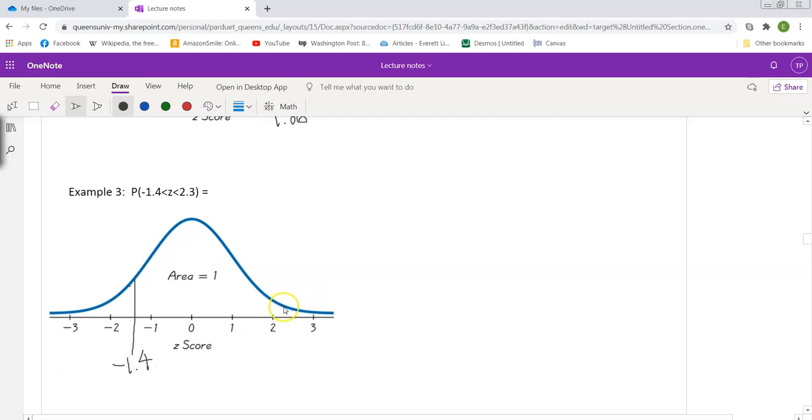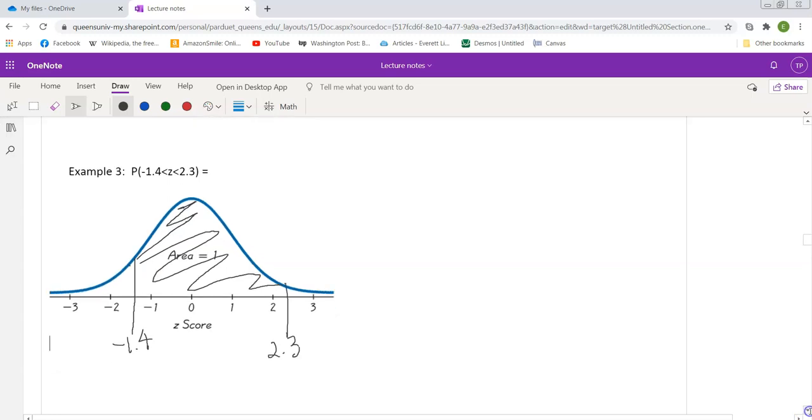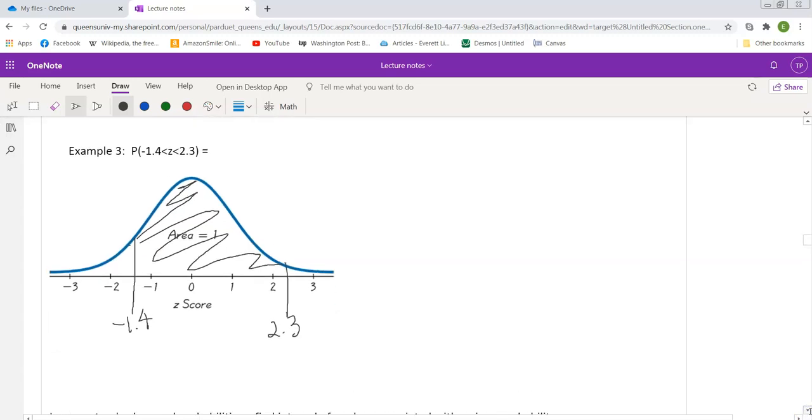And 2.3 is right about here. We're looking for this area in between. Okay. Now, we only have the less than at our disposal. That's all we have.